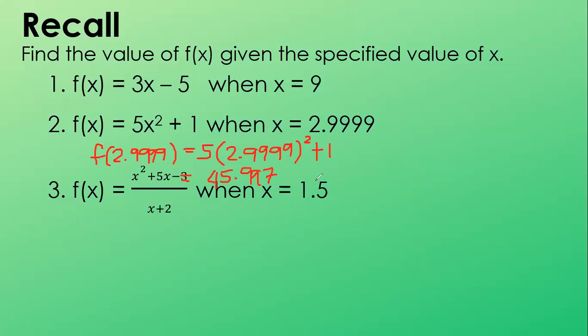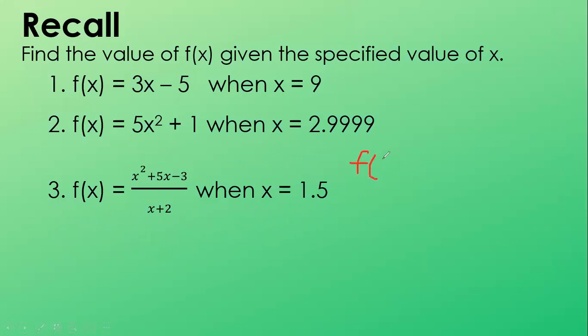Again, substitute the given value of x, which is 1.5. So this will give us f of 1.5 is equal to 1.5 squared plus 5 times 1.5 minus 3 all over 1.5 plus 2.